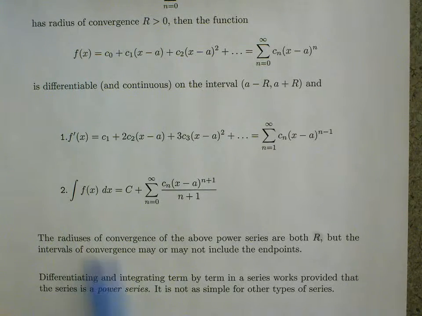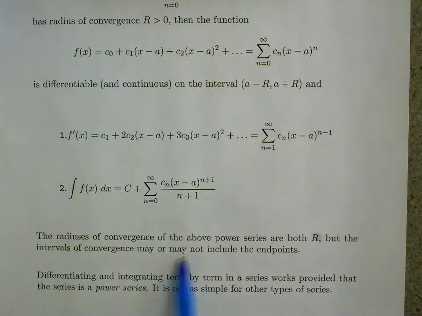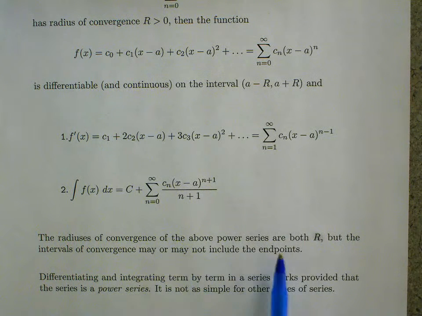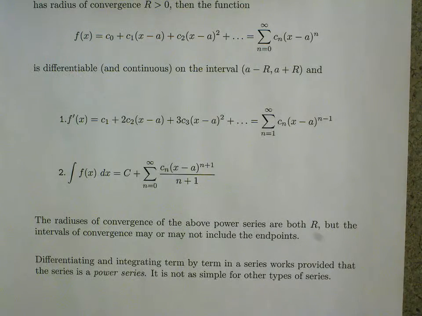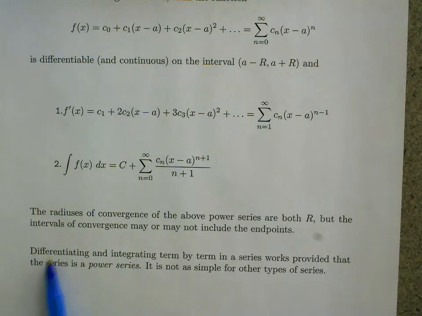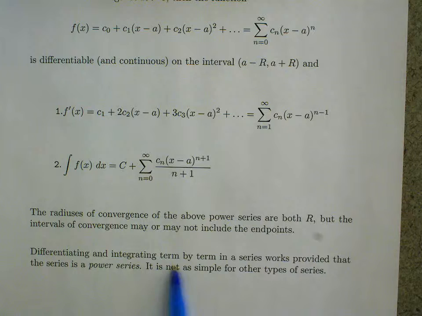The radii of convergence of the above power series are both capital R, but the intervals of convergence may or may not include the endpoints. Differentiating and integrating term by term in a series works, provided that the series is a power series. And it is not as simple for other types of series.